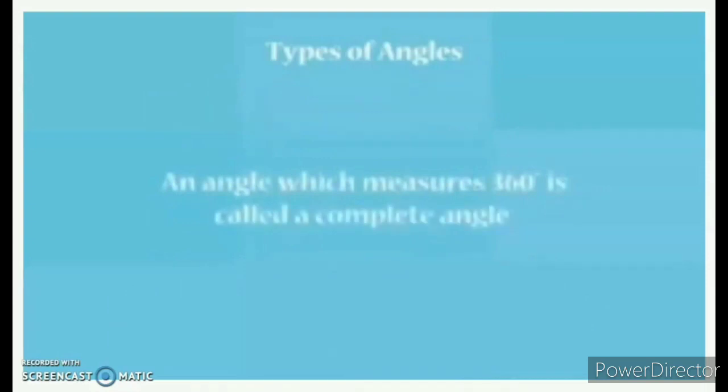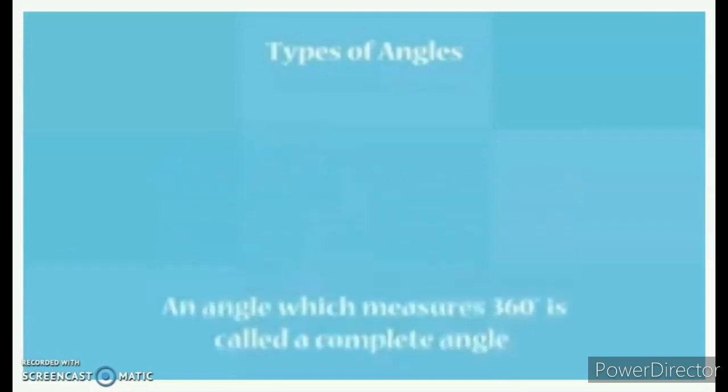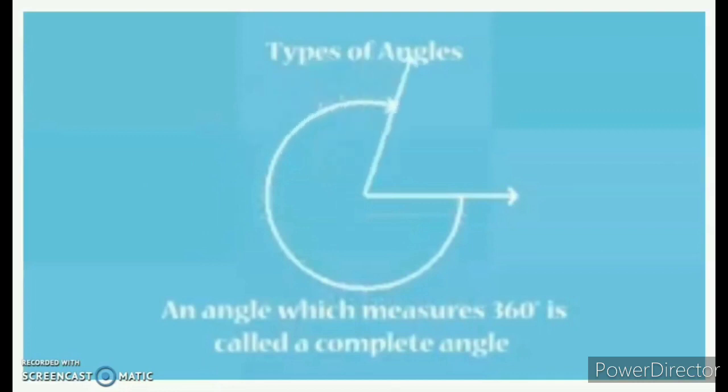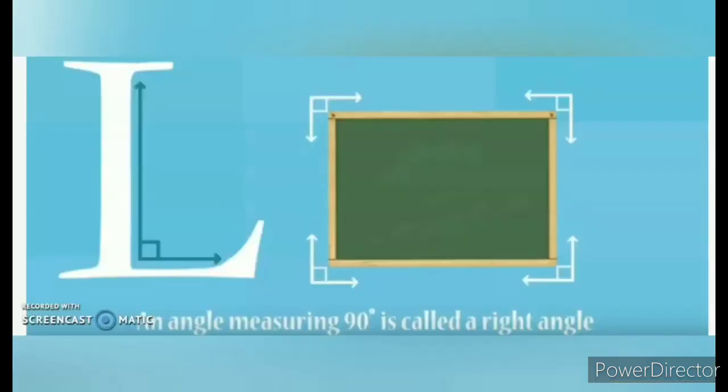Next, children, an angle whose measure is 360 degree is called a complete angle, when the arms of an angle take a complete turn. An angle whose measure is 90 degree is called a right angle. The capital letter L in the alphabet forms a right angle.